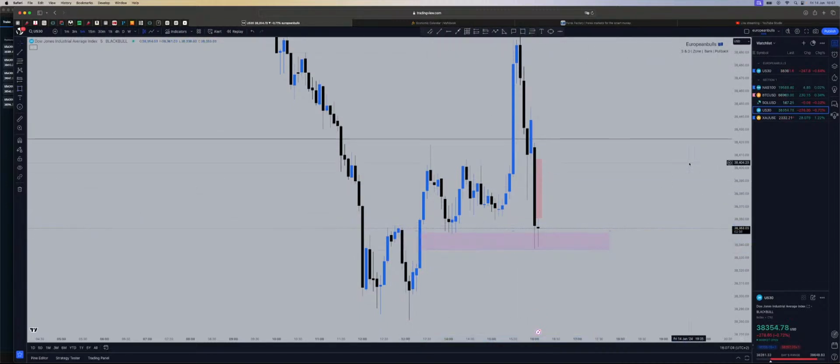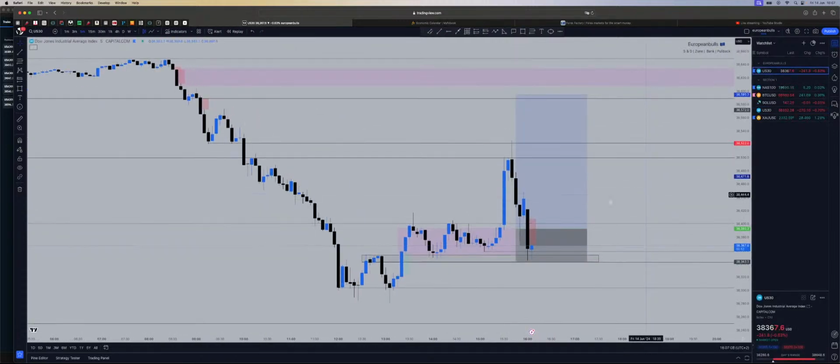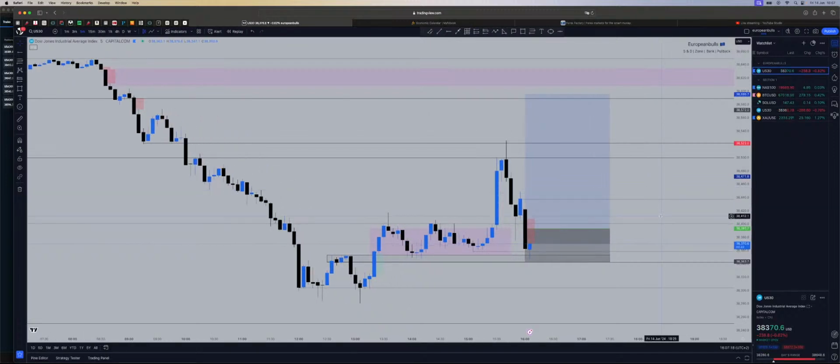Yeah or no? I think yes, but still the price is under pressure. It needs to clear this thing out here for further up movement.